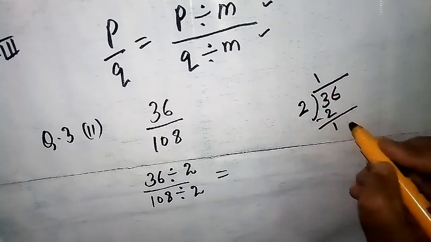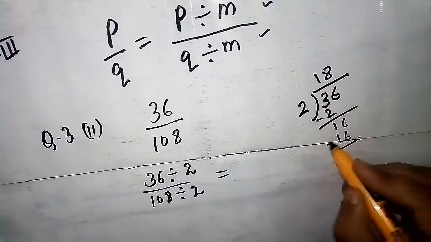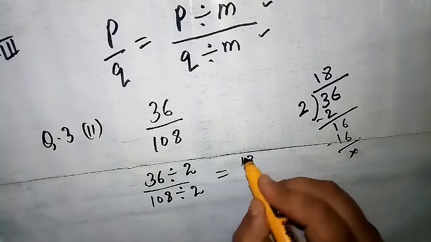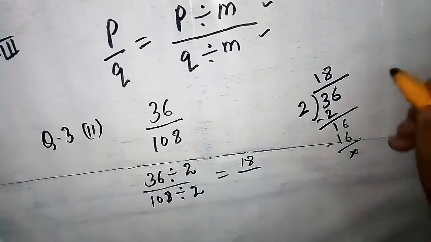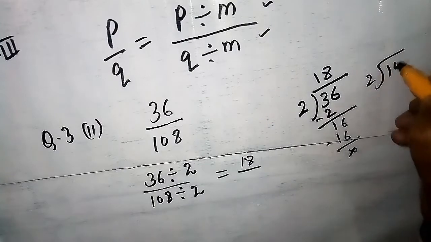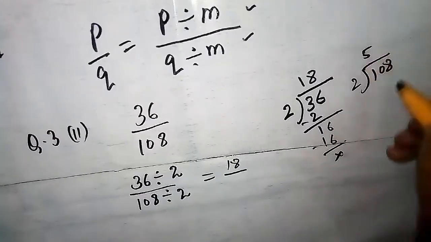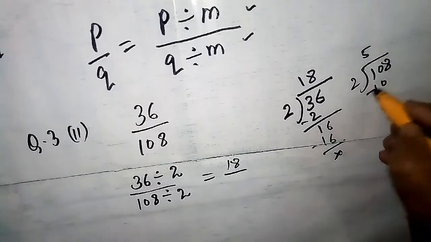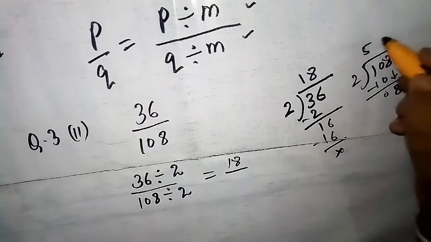You can divide in the rough work like this. So 2 18s are 36. And in the same way, when we divide 108 by 2, we obtain 54.